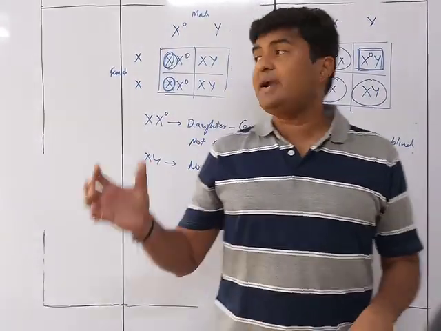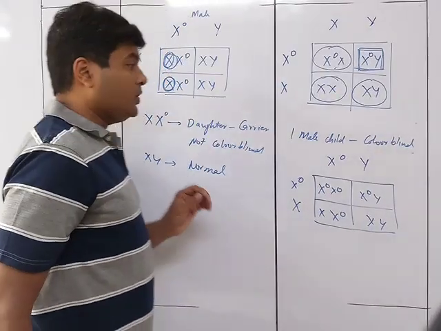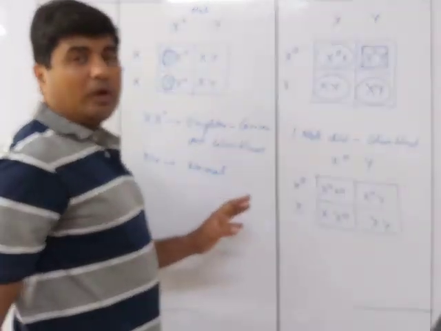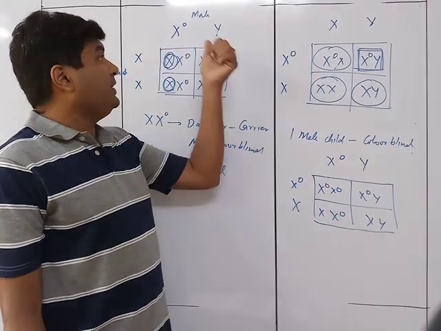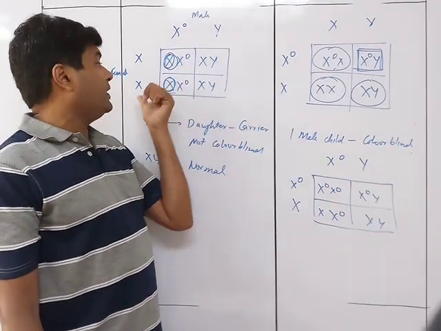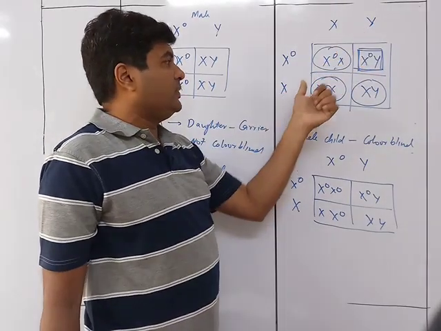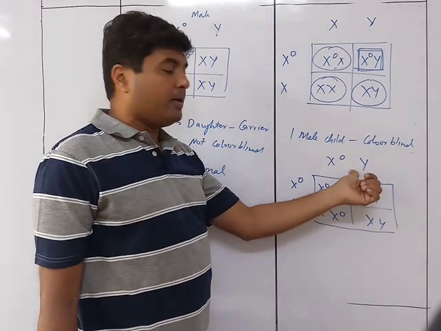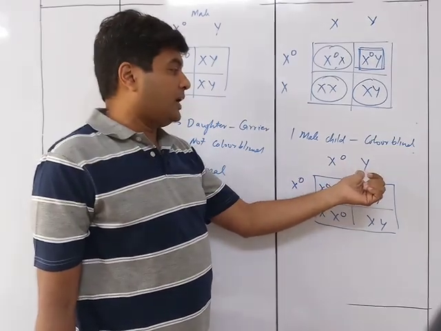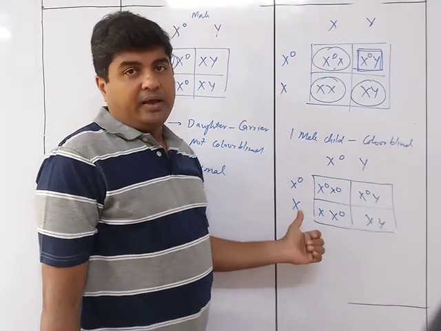So this kind of Punnett square is very important to identify what will be the condition of the progeny if there is a colorblind male and a normal mother, or a normal father with a carrier mother, or a colorblind father with a carrier mother.